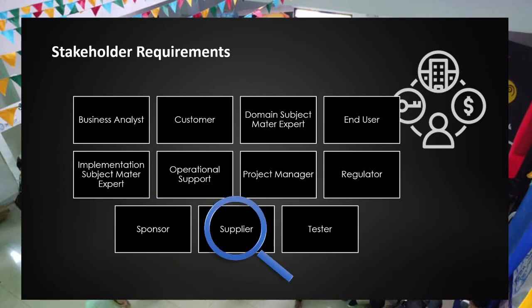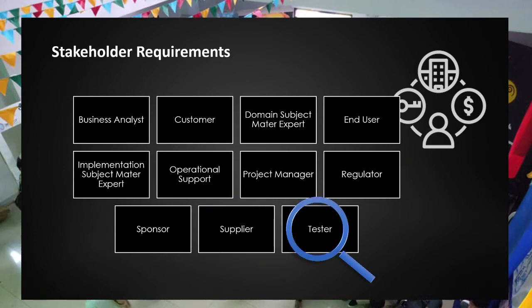Another stakeholder are the suppliers. A supplier is a stakeholder outside the boundary of the given organization or organizational unit. Suppliers provide products or services to the organization and may have contractual or moral rights and obligations that must be considered. Alternative roles are providers, vendors, and consultants. Another contributing stakeholder are testers.